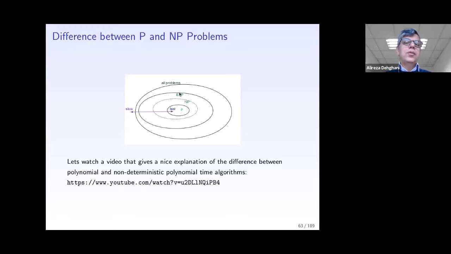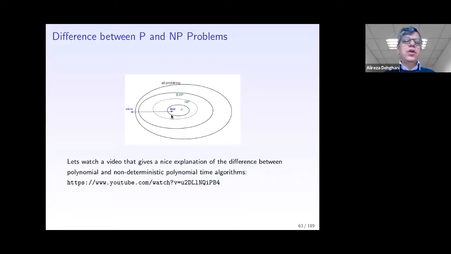And there are probably other problems more complex than the exponential problems, which sit in the area of all problems. But like we discussed here, we have the P and NP problems. The P problems are easier problems that we can solve. The NP problems are still polynomial time problems, but they are harder.